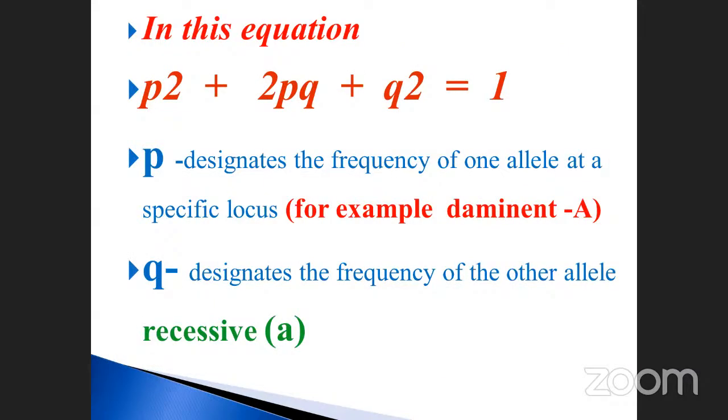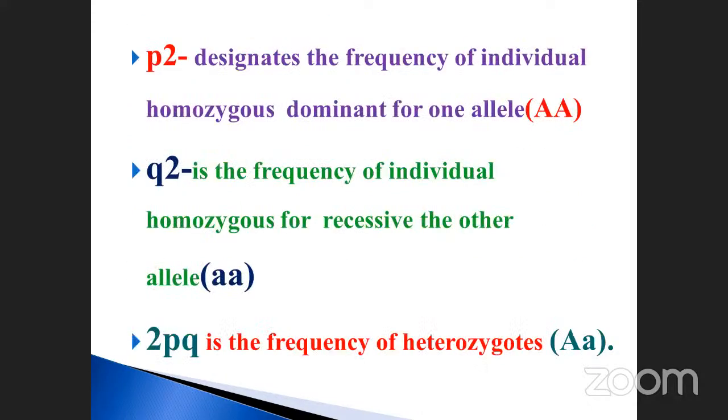See here, this is the equation we already saw, isn't it? P squared plus 2PQ plus Q squared is equal to 1. P designates the frequency of one allele at the specific locus, the dominant A, and Q is the recessive, isn't it? See here, this is P squared. One A is considered as a P, another one is also P, so it is P squared.